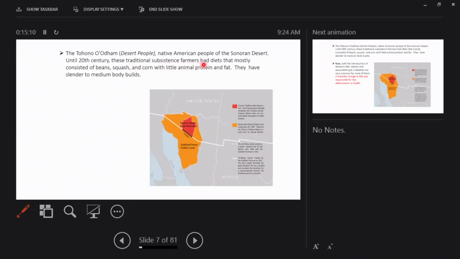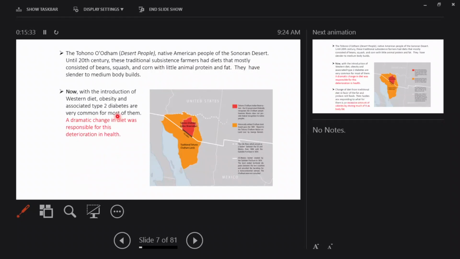These traditional subsistence farmers had a diet that mostly consisted of beans, squash, and corn. They used to eat just a plant-based diet with very little animal protein and fat. Maybe they got milk from the cow, and so they had a slender to medium body build. Now in this century, with the introduction of Western diet, you know what Western diet is, right?